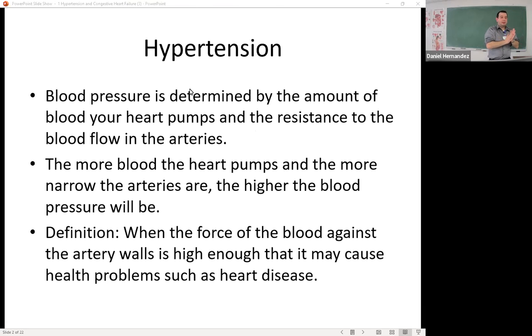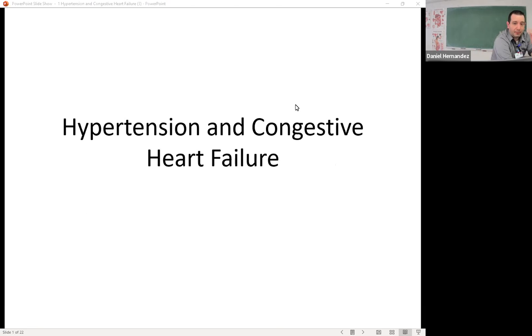All right, so for echo this week, we're going to get into hypertension and congestive heart failure, and then we're also going to jump into some of the left ventricular dysfunction diseases. So we're going to talk about both systolic dysfunction as well as diastolic dysfunction when we're talking about the left ventricle.